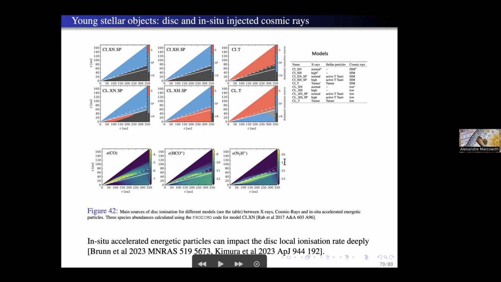Depending on the model, you end up with a different source of ionization. Here you have different colors for different sources of ionization: X-ray, stellar particle, cosmic ray. Once you know this, you can calculate the main ion species and try to make some observational constraints. It would be ideal to calculate the ionization rate in the disk. And again, it's very important in the control of the accretion process.